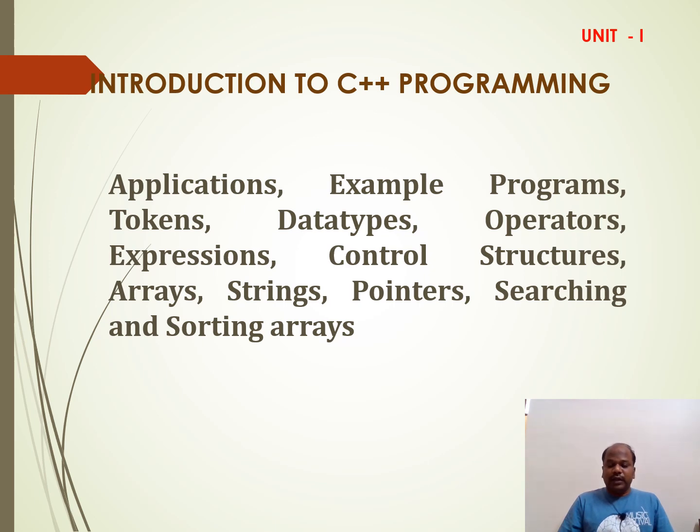And we are going to learn about example programs here. What are the tokens in C++ programming? What are the data types? What are the operators? And what are the expressions? Similarly, we are going to know about the control structures in C++ programming.